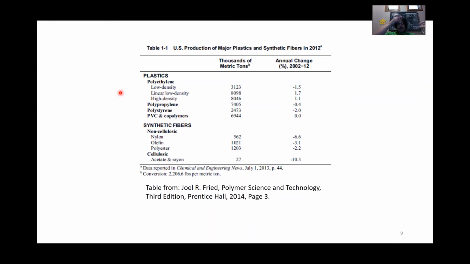A shampoo bottle, garbage bags, the bag you get from Target or Walmart, high density polyethylene. Very common, thought of as very disposable. It's also very stable, so it's hard to break down, which contributes to the environmental impact. Although there's a lot of literature coming out saying people have broken down a lot of these polymers using UV light and the like, I don't know. Let's see how this plays out.